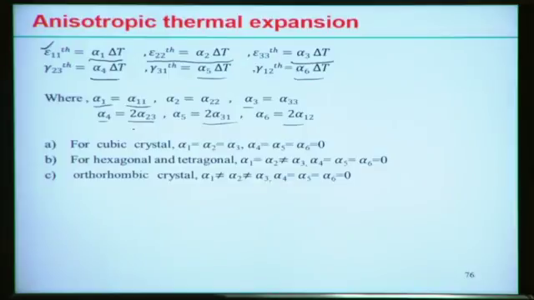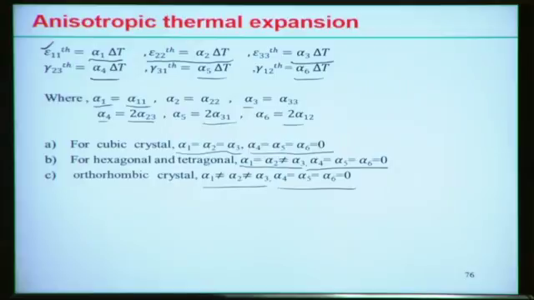In case of cubic crystals, these are the relations that hold for the symmetric nature. For hexagonal and tetragonal we use these relations, and for orthorhombic crystals we use this relation to analyze the thermal strain.